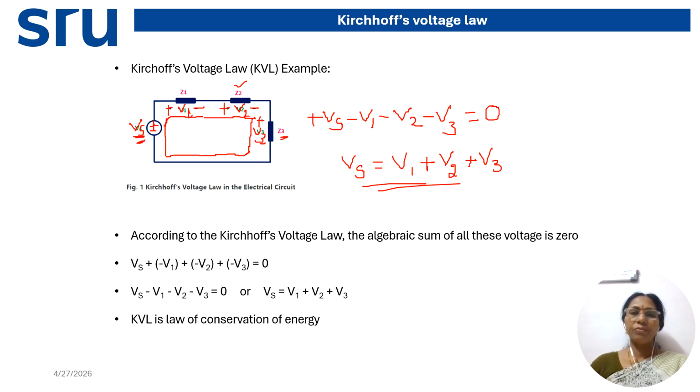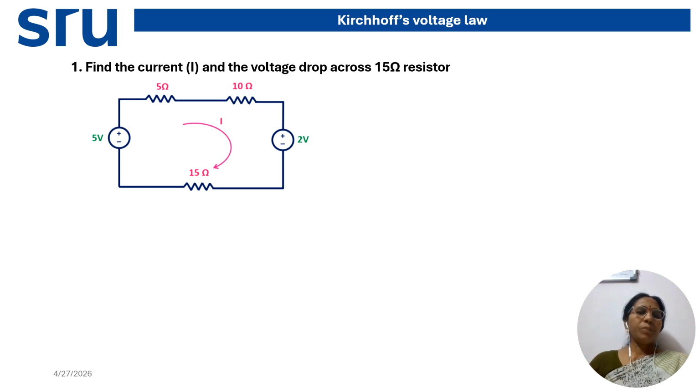Now we will take one more example circuit. Here I am taking an example circuit with voltage sources, a 5 volt source and a 2 volt source, with 3 different resistors: 5 ohm, 10 ohm and 15 ohm.